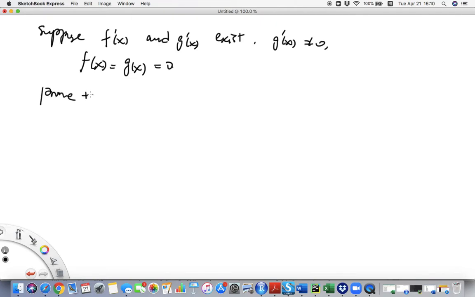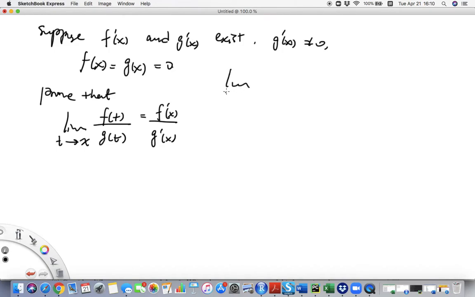Prove that the limit as t goes to x of F of t over G of t is equal to F prime of X over G prime of X. Okay? So, how do we do that?